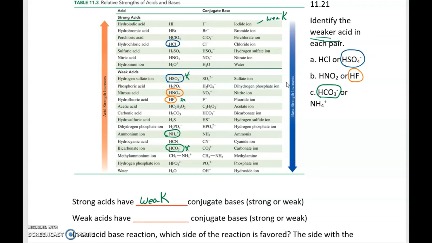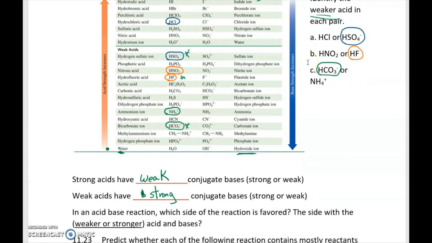Weak acids will have very strong conjugate bases. So a weak acid, like water, will have a strong base as its conjugate.